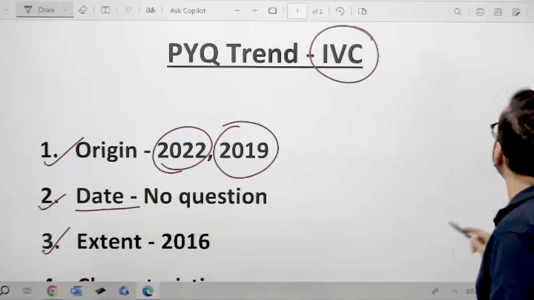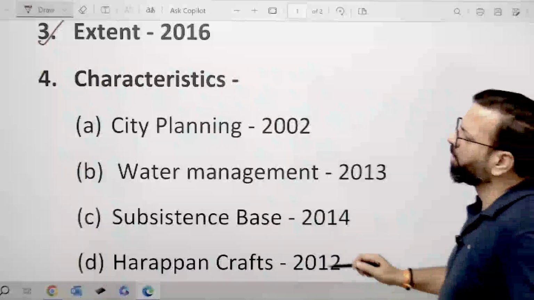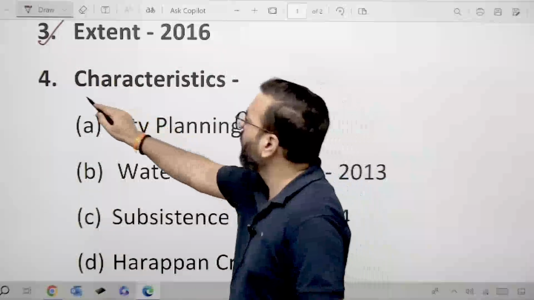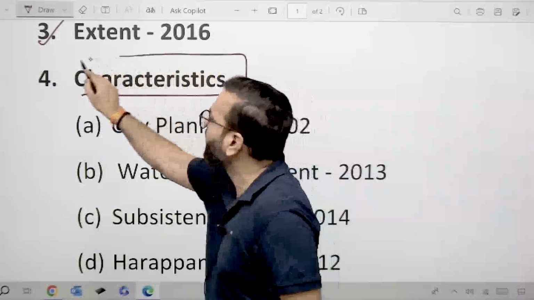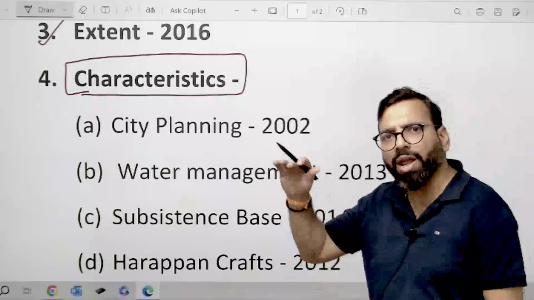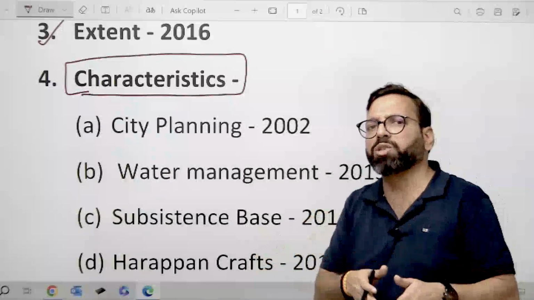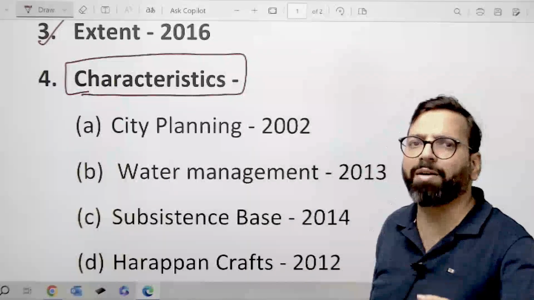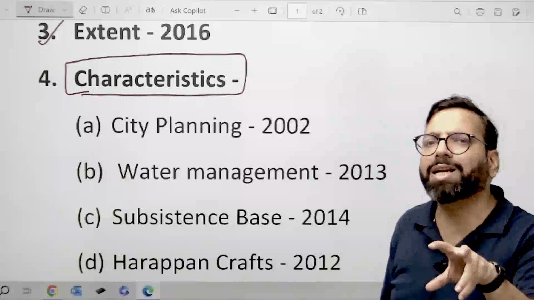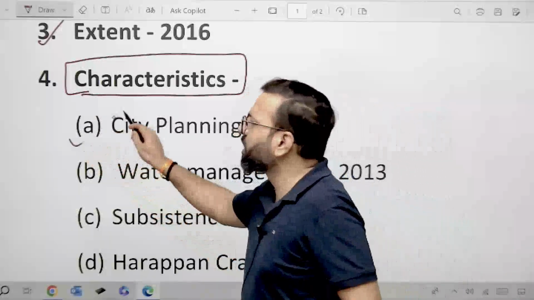Moving ahead, in the UPSC syllabus only this term has been given, that is the characteristics of your Indus Valley civilization. I have tried to decode it and elaborate it on the basis of PYQs, which questions have been asked on this characteristic feature of IVC. You can see we have a question on city planning.